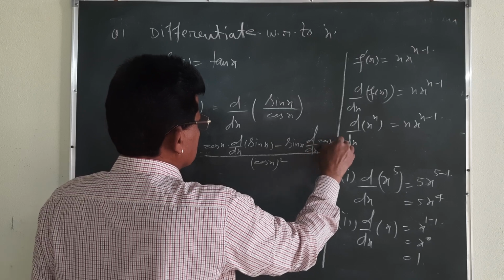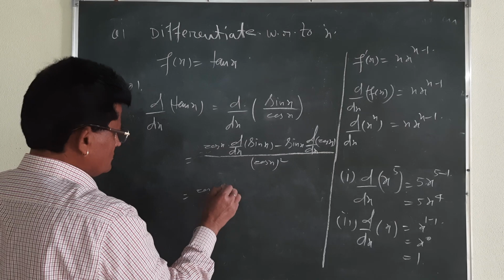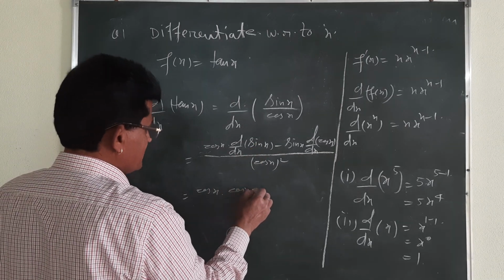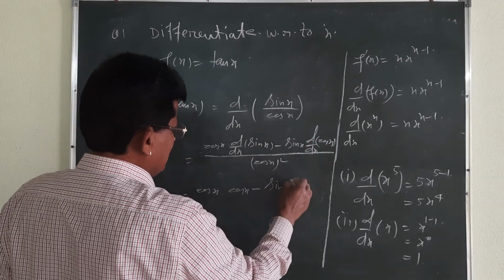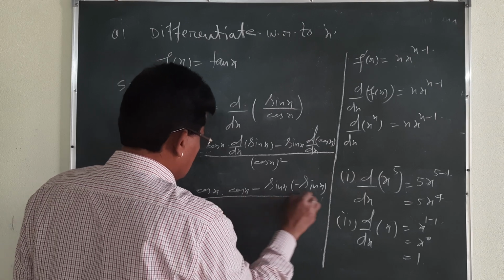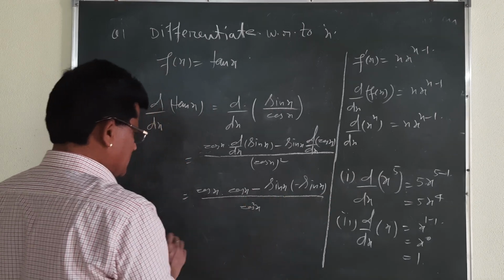Very simple. Cos x you write as it is, derivative of sin x is cos x, and sin x, derivative of cos x is minus sin x, as I told you yesterday, divided by cos x whole square, or cos square x. That is the same thing.